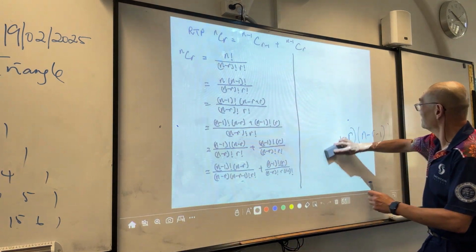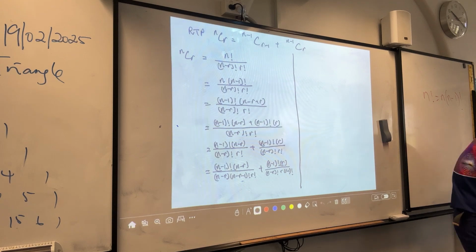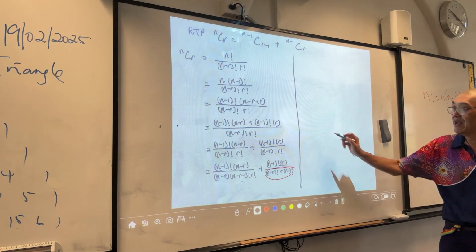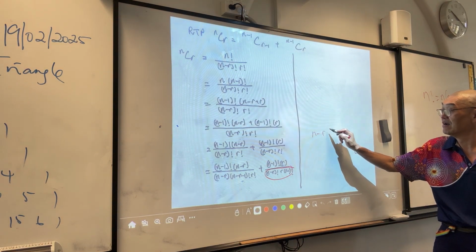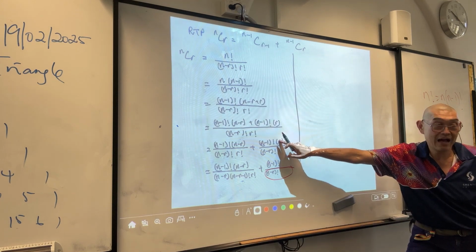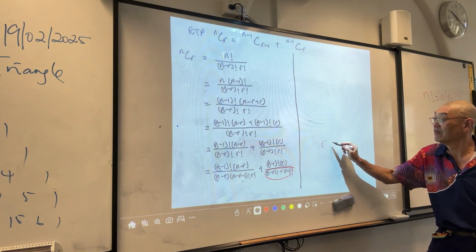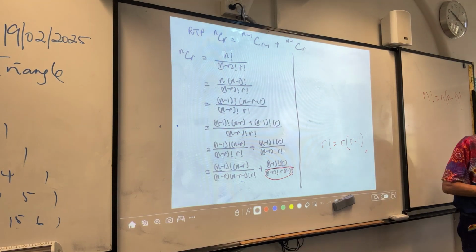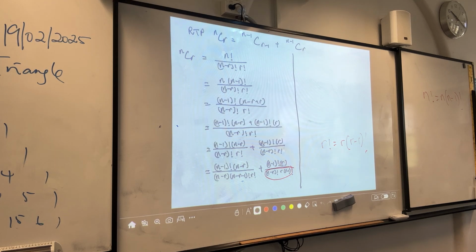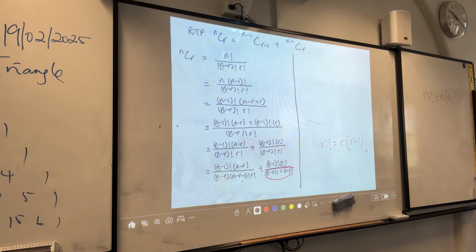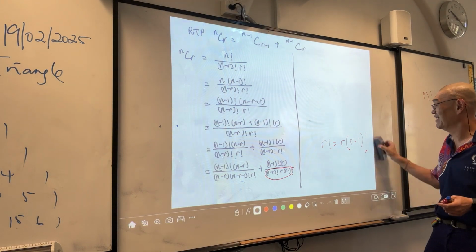And next one, what I've done is manipulating, same thing, the denominator. Instead of n minus r, I want to eliminate r. So I have changed r factorial to r times r minus 1 factorial. Yeah? It's just basically playing with this. n factorial equals n times n minus 1 factorial. Alright? Just basically playing with that.